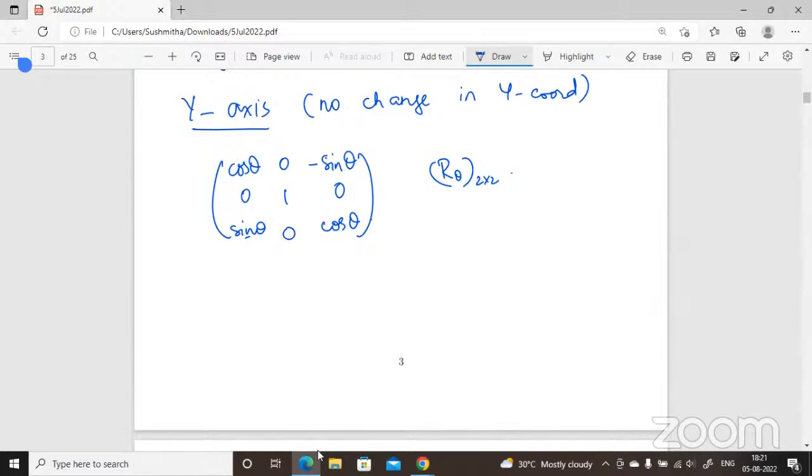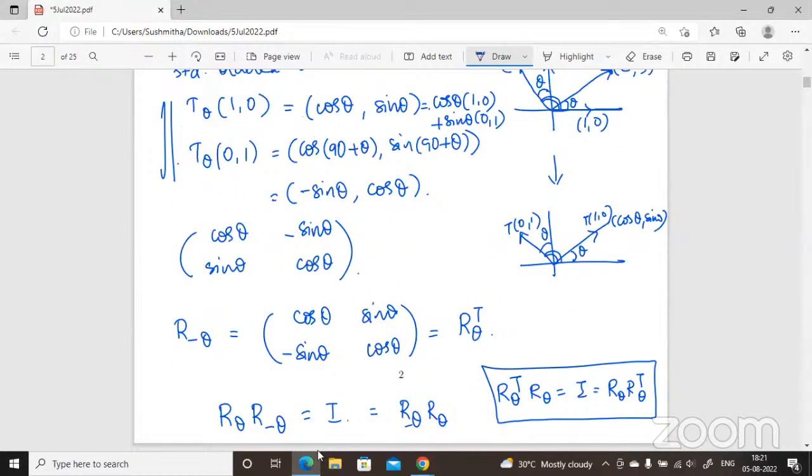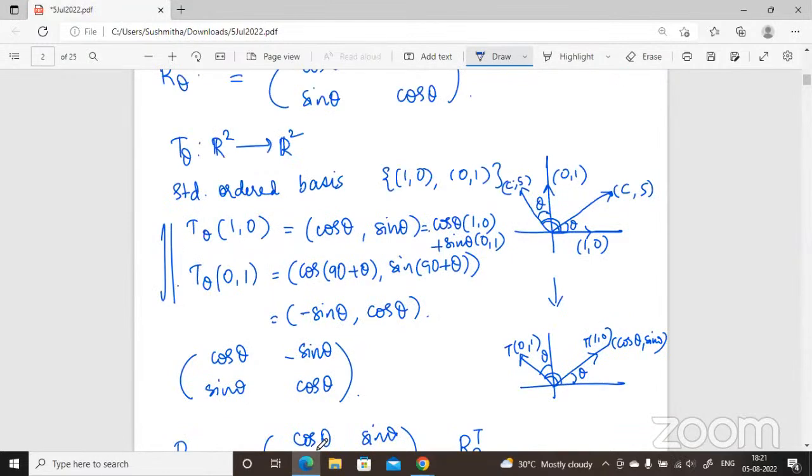Ma'am, we have taken a standard ordered basis here, but suppose we take any other ordered basis, then what should we do in that case? How do we get the rotation matrix with respect to that order? You can take any basis and then you can find the corresponding matrix of a linear transformation.